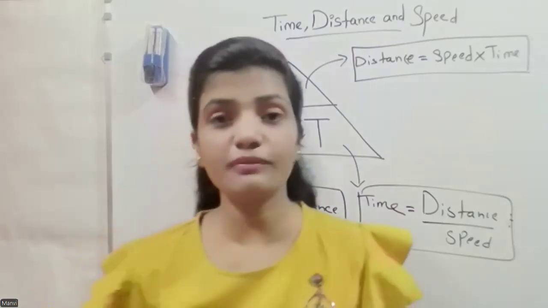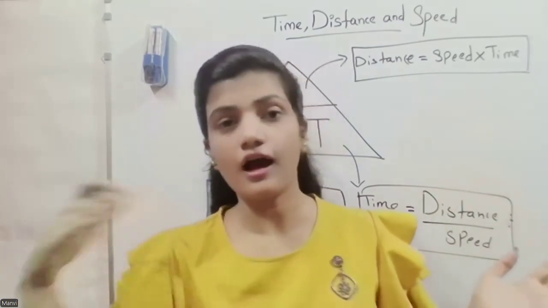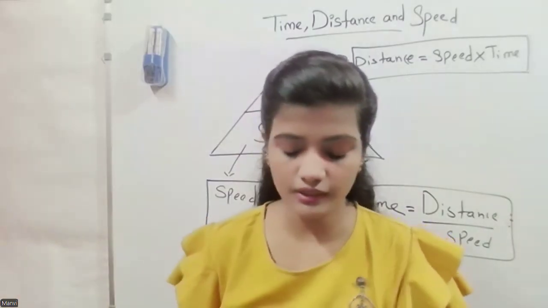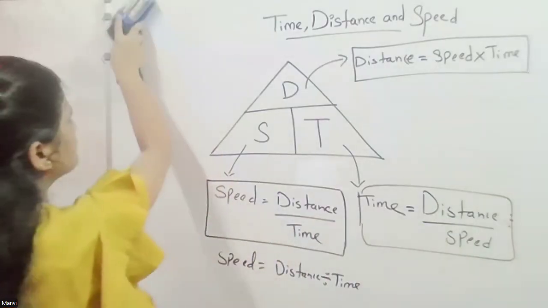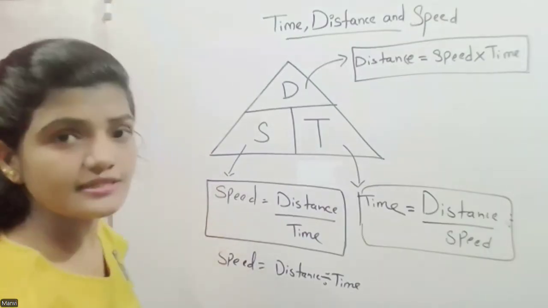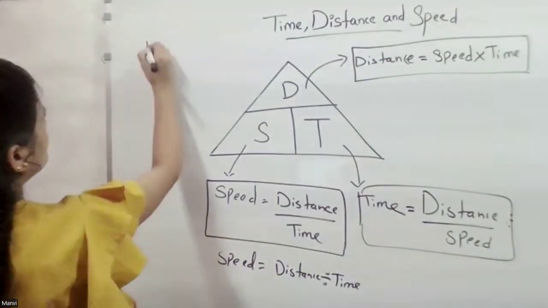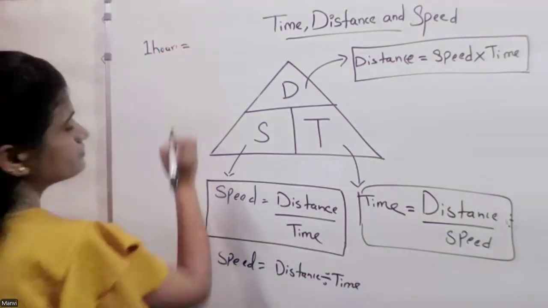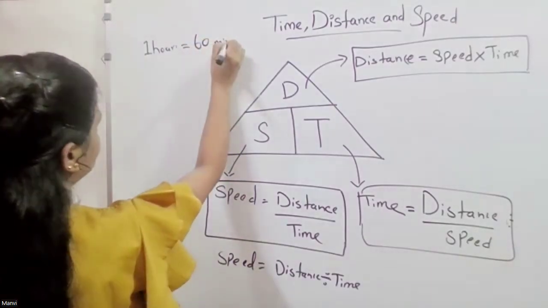For that, you need to remember a few conversions, like how we convert minutes into hours or hours into minutes. You know all those, but you need to understand how you can convert them. For example, 1 hour equals how many minutes? 60 minutes.